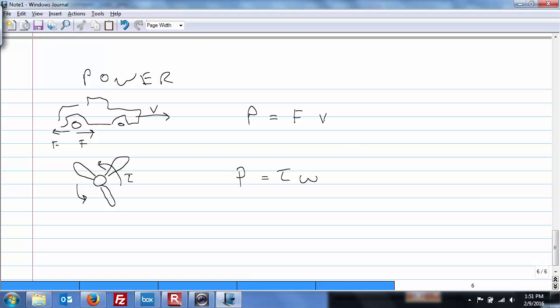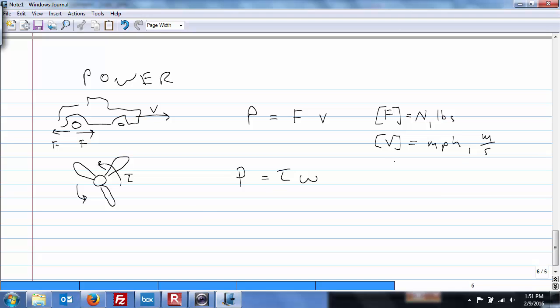And they're similar, right? We know that force is measured in either newtons or pounds, LBS, and we know that velocity is always measured in miles per hour, or meters per second.